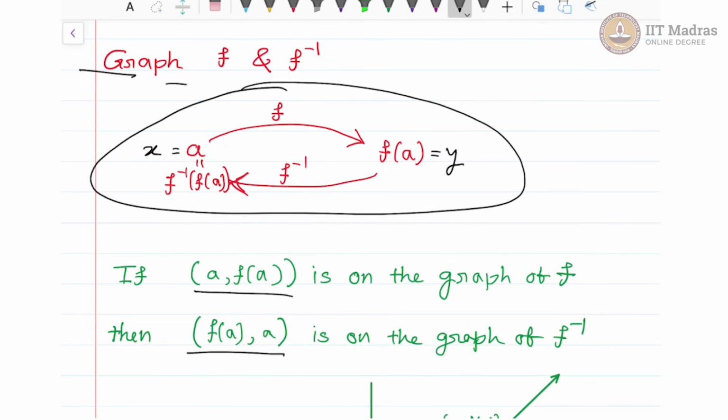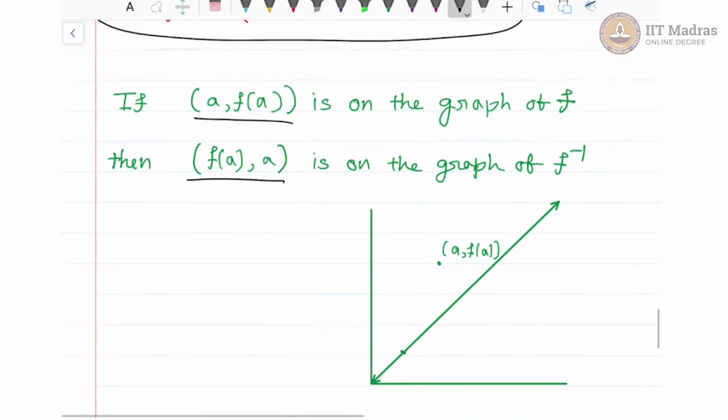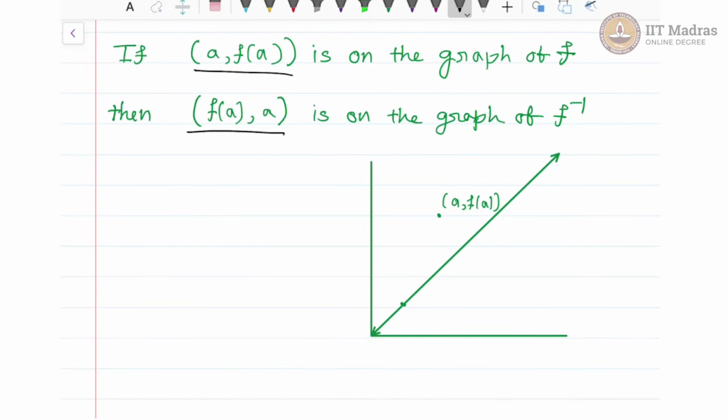That's obvious. So let us imagine this is the graph. This is the graph of a straight line, a, f of a. So you plot a line y is equal to x here. This is the line y is equal to x, and this is a point which is on the graph of f of x.